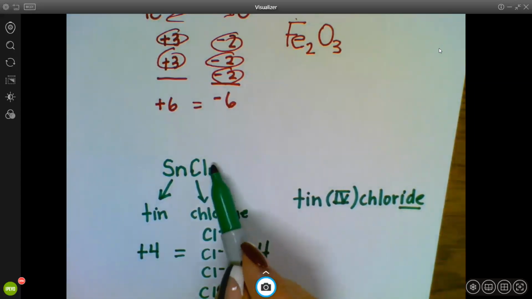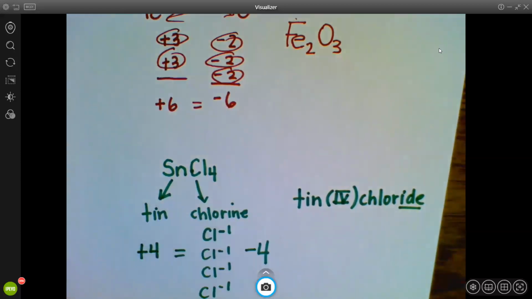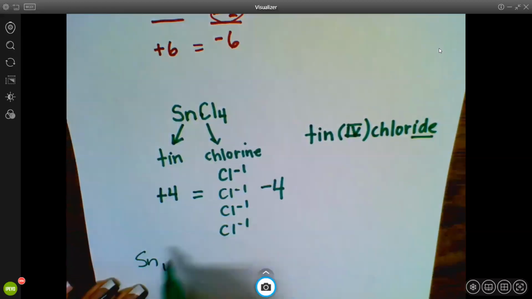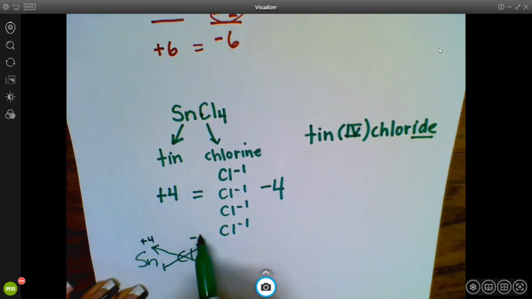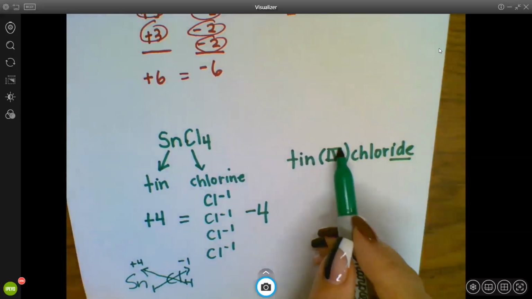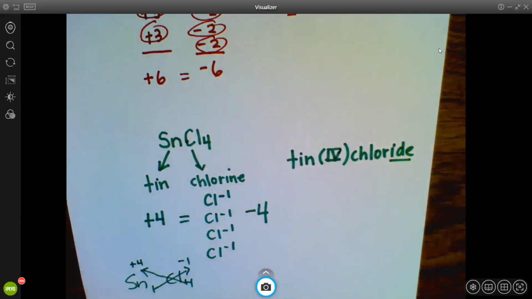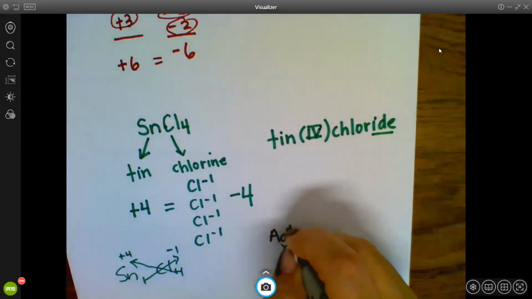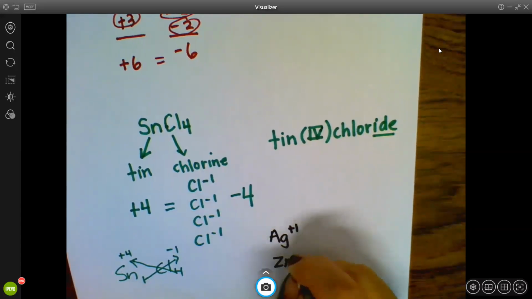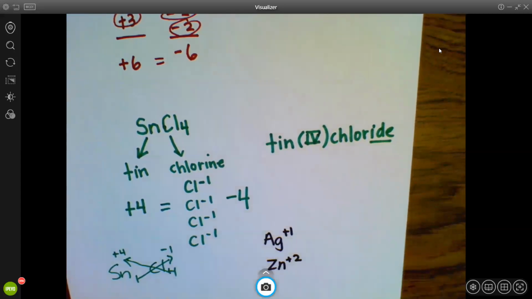If I were thinking about this as an imaginary 1 on the tin, and I have a 4 on the chlorine, those charges are swapped. So this would be a +4, this would be a -1. And I have to use the Roman numeral because this is multivalent. So I hope that helps, and now you should practice your worksheet. And just remember the 2 exceptions, silver and zinc. They do not require a Roman numeral.